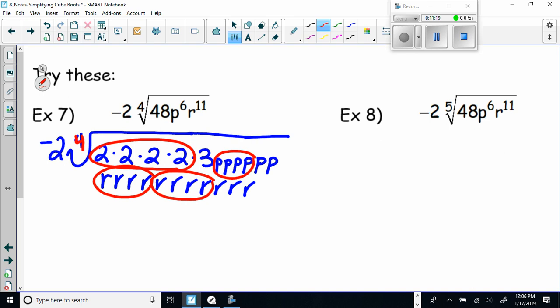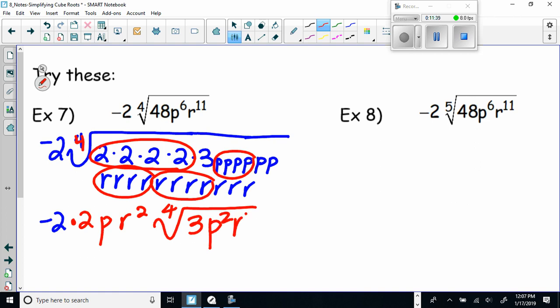So I have still the -2 that I started with. I'm going to pull out a 2, I'm going to pull out 1 p, and I'm going to pull out 2 r's. Underneath that 4th root, I'm left with a 3 and a p squared and an r to the 3rd. The last thing I need to do is just clean that up.